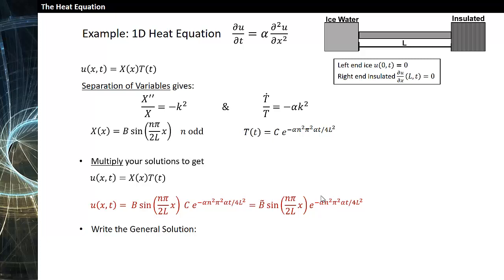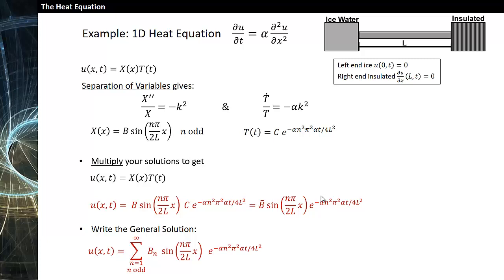The general solution is a sum of all sets of possible solutions like this for all n values that I'm allowed to choose. But remember, I'm only allowed to choose odd n values, so I have to restrict my sum to the odd n sums. But my general solution then looks like this. I'm just going to change that b twiddle into a b sub n, because in principle, each of these terms for different n's can have a different coefficient out in front.